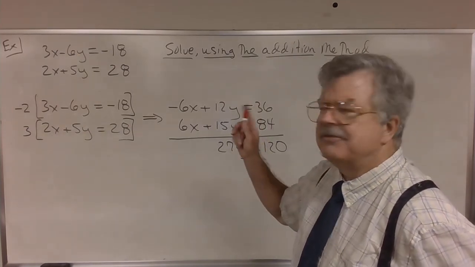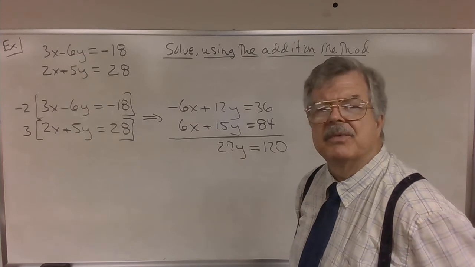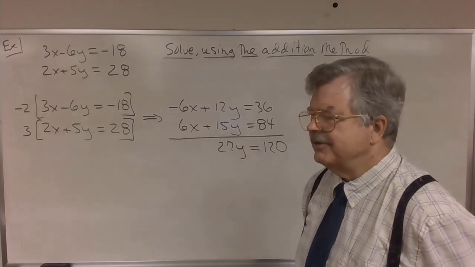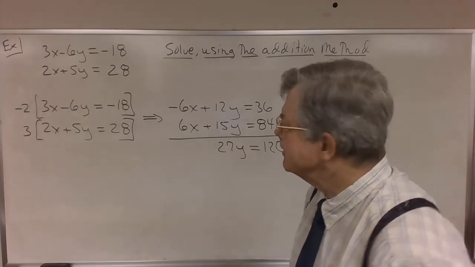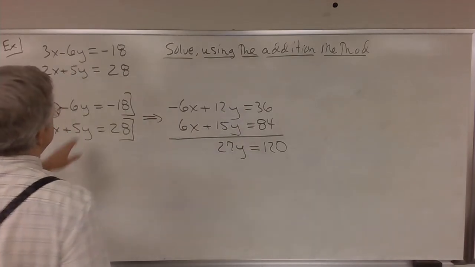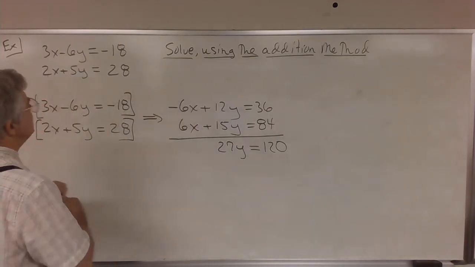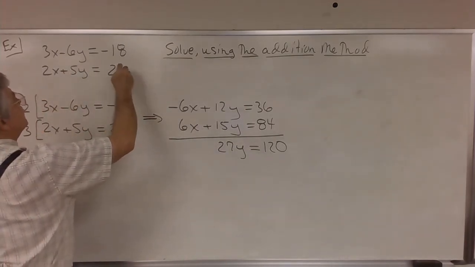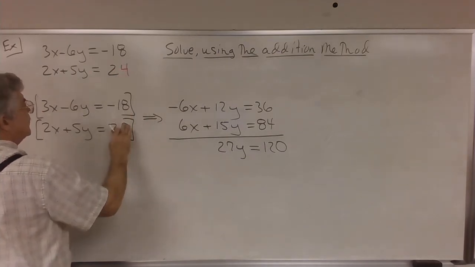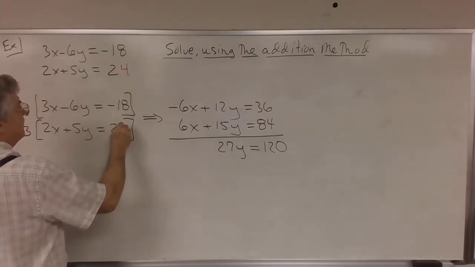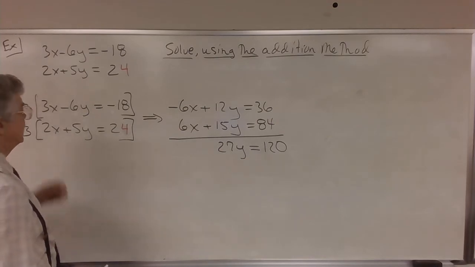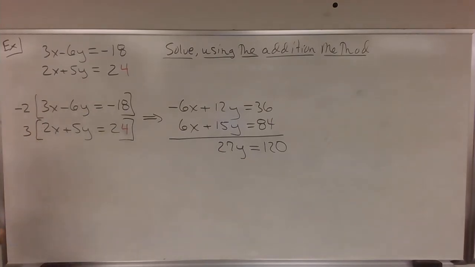I wanted this to be the same problem that we did by the substitution method. And so for this to be the same problem that we did by the substitution method, this should be 24. So let's see what happens. Multiply this equation by 3.